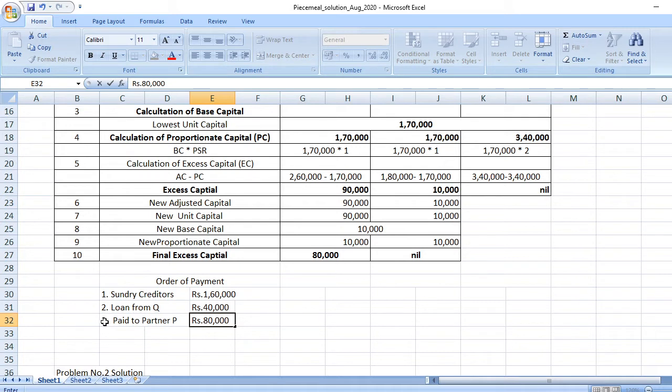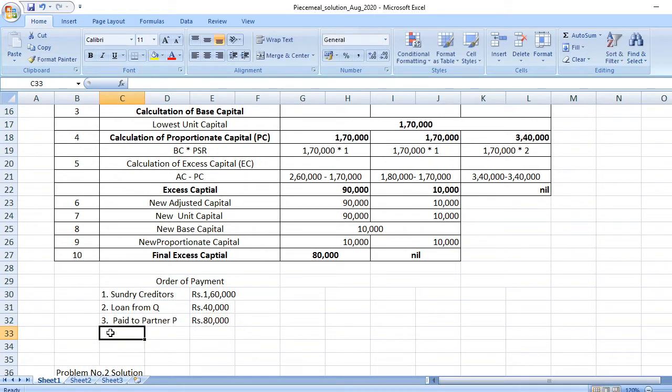Keep in mind which amount to pay first after paying all the outside liabilities, creditors, and then the partners' loan. Then, third, the payment of the final excess capital held by the partner. Here in our problem, P holds 80,000 rupees as the final excess capital, so we pay first to Mr. P.